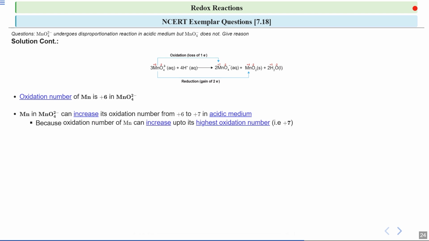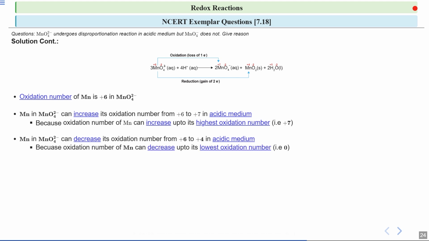Similarly, it can also get reduced. Due to this increase, it is undergoing oxidation. It can be lower than +6, such as +4, +2, and it can be greater than +6, which is +7. So this oxidation state is an intermediate one, and from this also you can say that MnO4 2- can undergo disproportionation reaction.